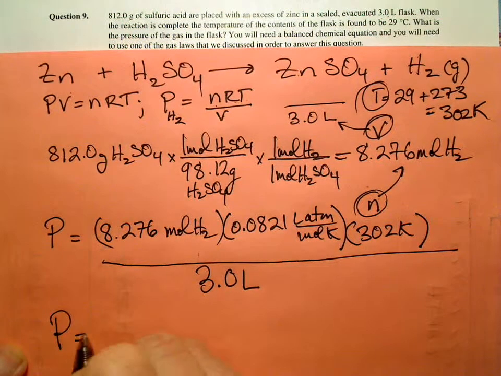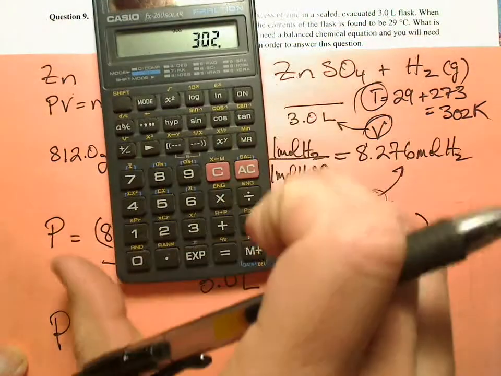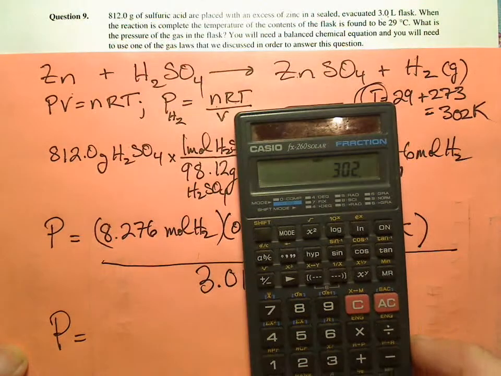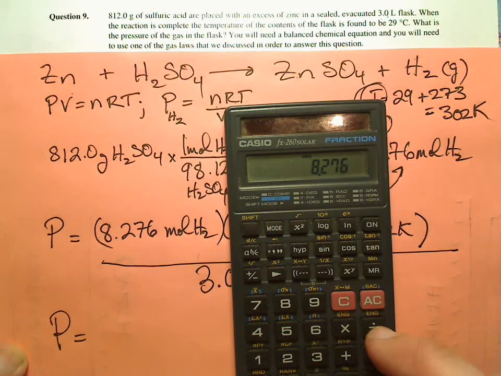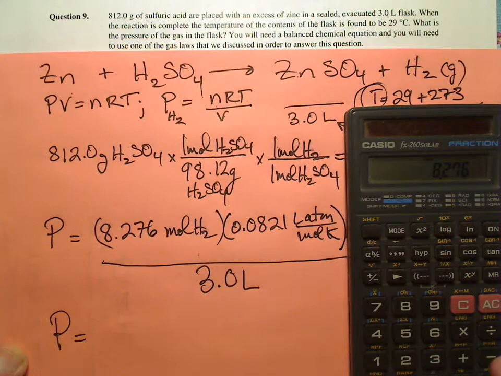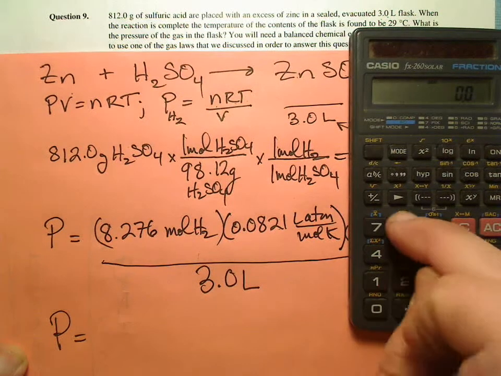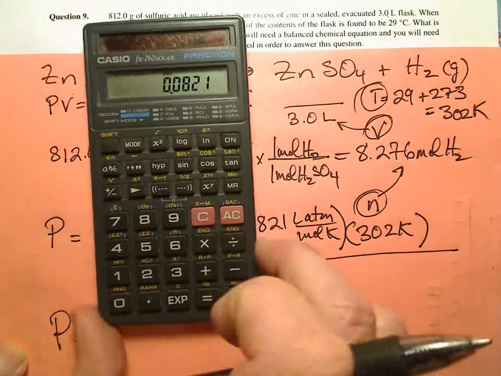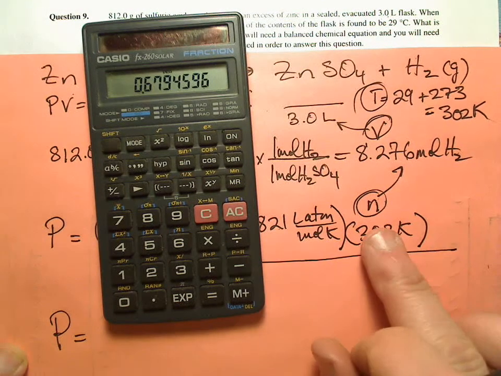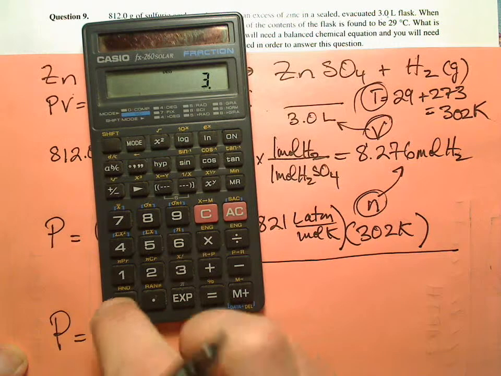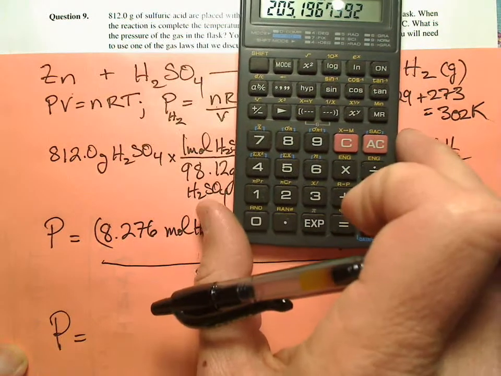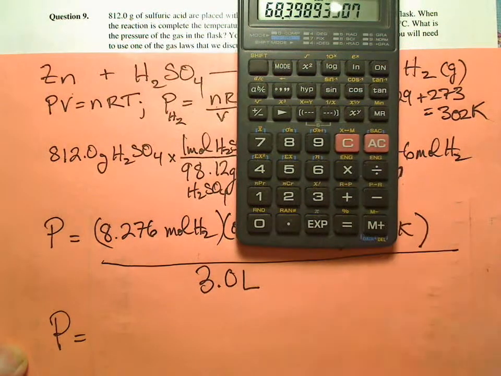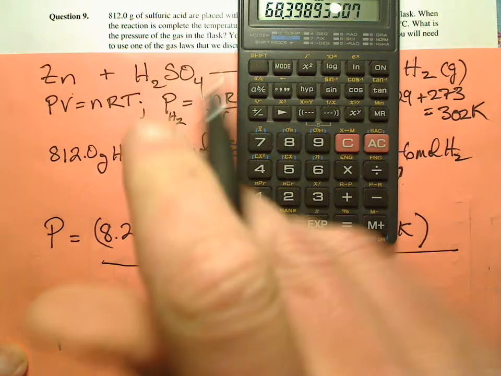So pressure is equal to, let's plug it all in and see. 8.28 times 0.0821 times 302 divided by 3.0 equals, so pressure is 68. How many sig figs are we good to?